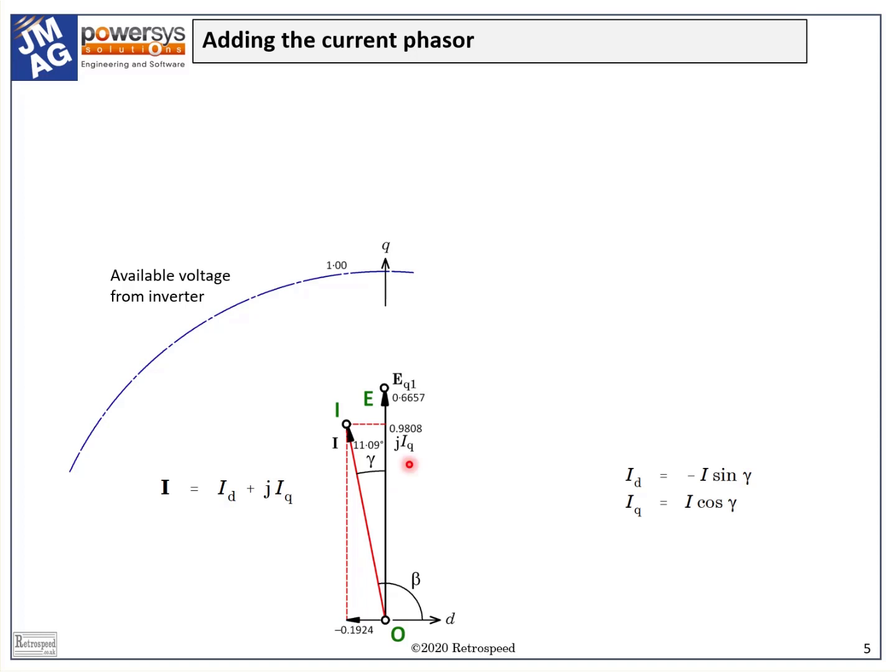We can see that IQ equals 0.9808 per unit, which is very near 1, and ID is minus 0.1924 per unit. The per unit scale is convenient here, as it could refer to any number of amperes depending on the size of the motor and inverter.